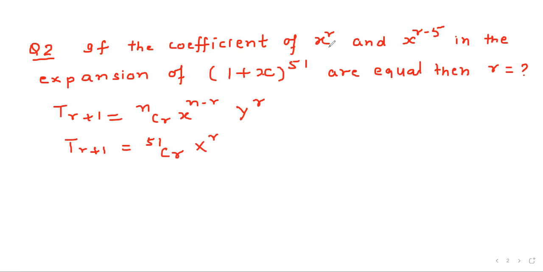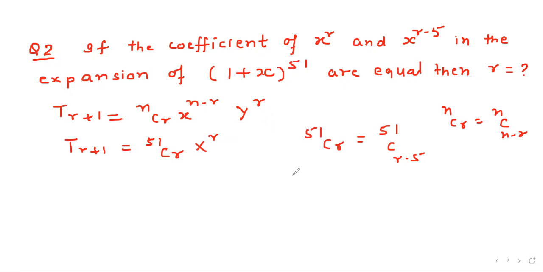Now, since the coefficients of x power r and x power r minus 1 are equal, we can say that 51Cr equals 51C(r minus 1) are equal. Now, we apply the formula nCr equals nC(n minus r).